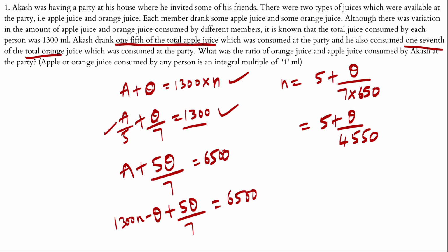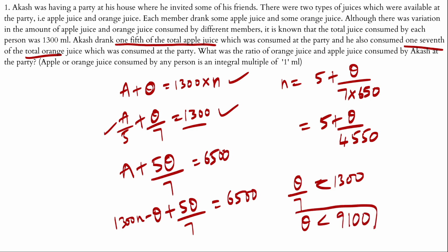So what can we say? We can say that O by 7 is definitely less than 1300. If O by 7 is less than 1300, then O must be less than 9100. The total quantity of orange juice must be less than 9100, and the value of O must be a multiple of 4550.